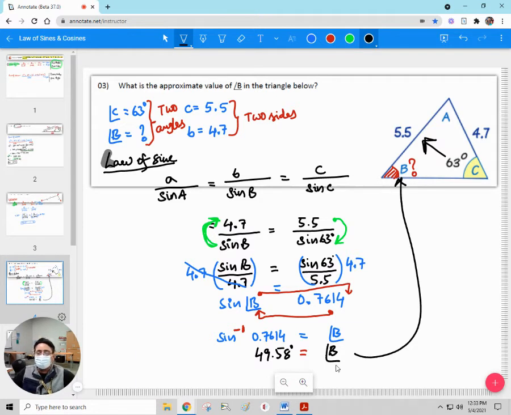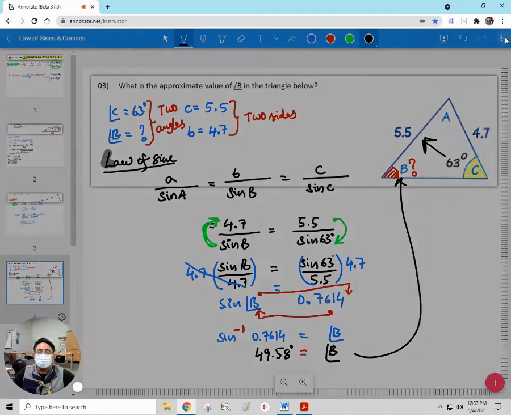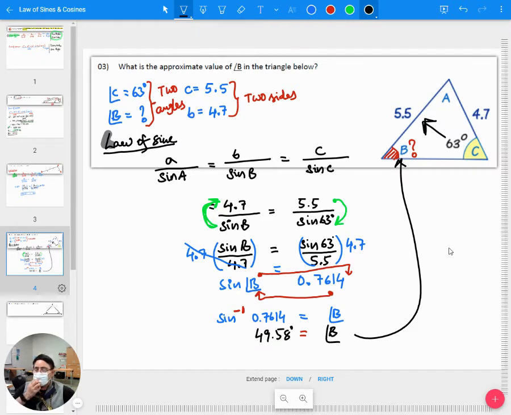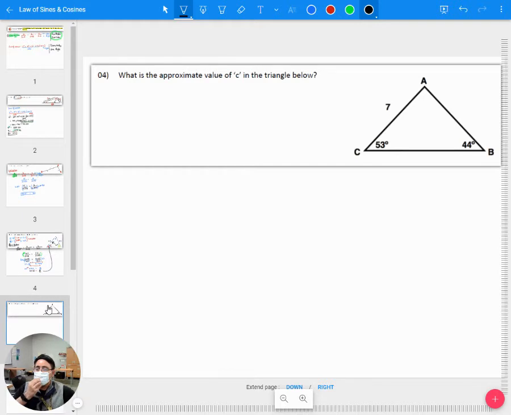Again, a gentle reminder that in our previous sessions, I explained how to make use of Desmos. So let me take the next question. What is the approximate value of C?